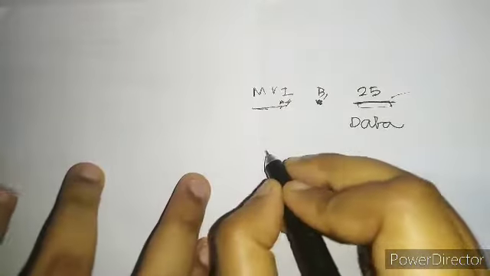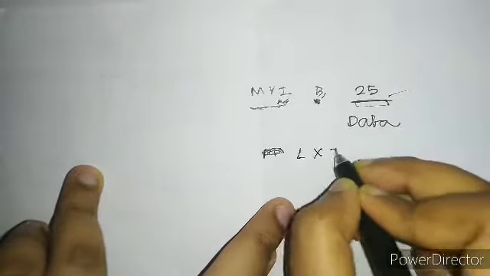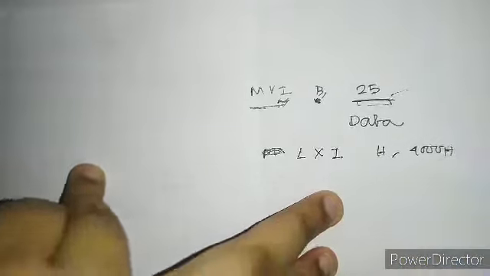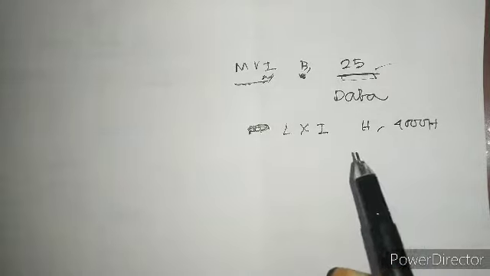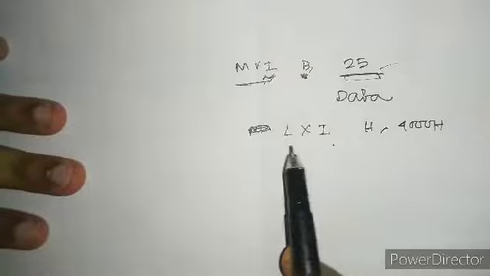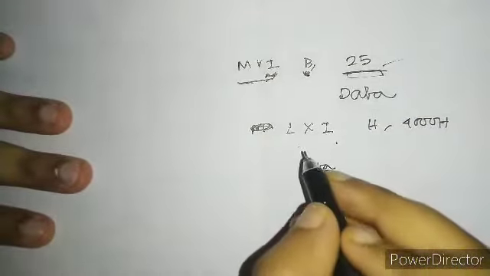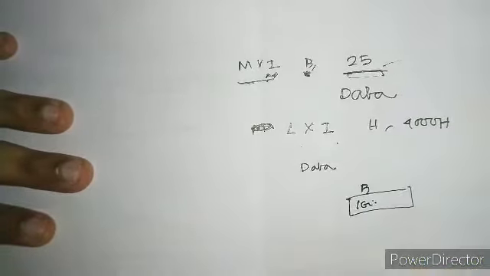Next thing, check for an X. Suppose LXI H, 4000H. First check the number. It's a 16-bit number. It can be either data or an address. How can you understand? Check for I. As there is an I, this means it is data, not an address. But how can a single register hold 16-bit data?